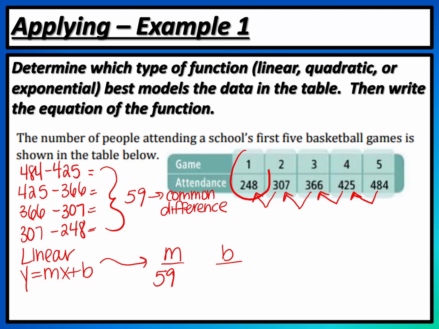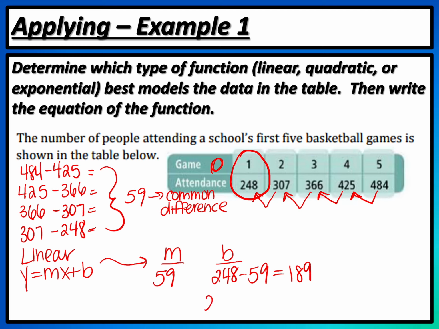We take the very first value in the table. The b happens at 0. So we walk 248 backwards using our common difference, and we find our b value is 189.